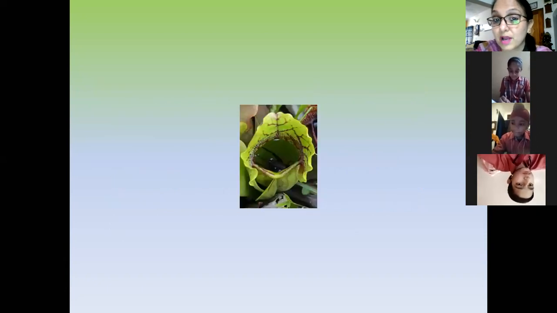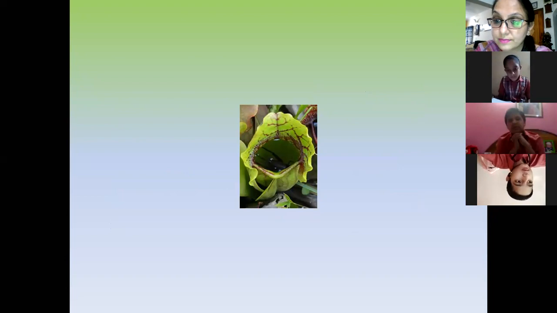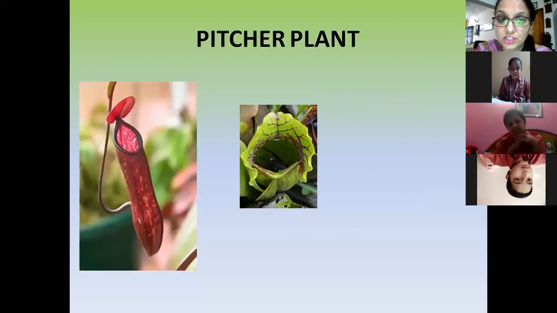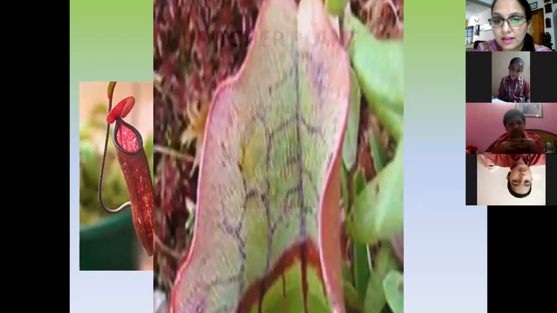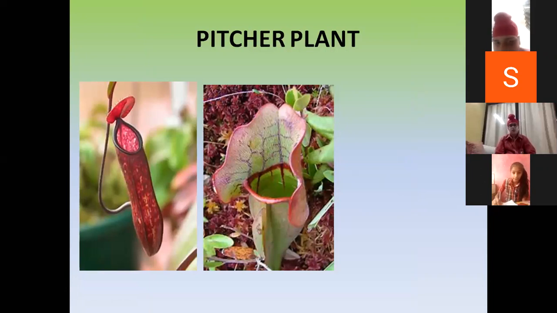This is a pitcher plant. See, can you see an insect like this? Can you see an insect? Yes, ma'am. One more picture of a pitcher plant. Another picture of a pitcher plant. Wow. Can you see this? Ashmir, are you able to see this?